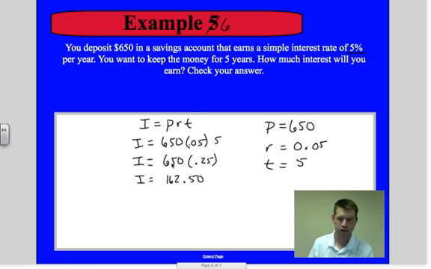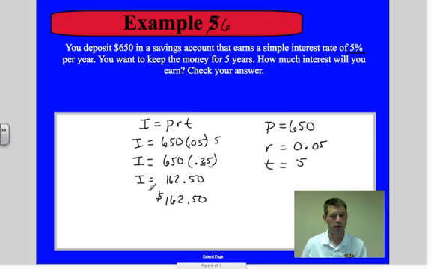All I did was multiply those together and then move my decimal place 2 spots because I have 2 decimals, which means I earn $162.50.